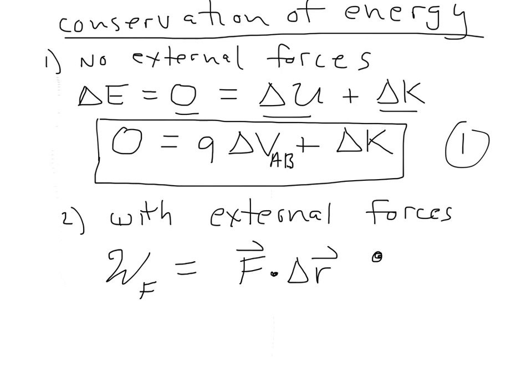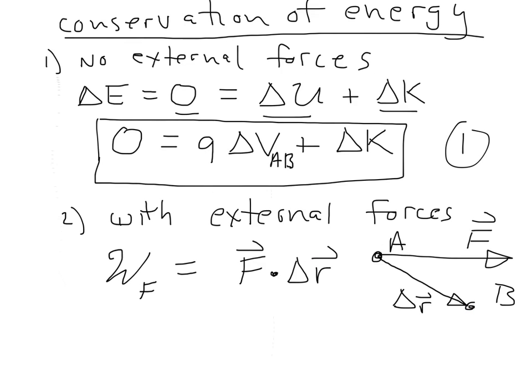For example, if a particle starts at position A and ends at position B, the work depends on the displacement vector, delta r, and it depends on the force vector, F. If F is constant, then the work done by that force as the particle moves from A to B will be given by this formula.